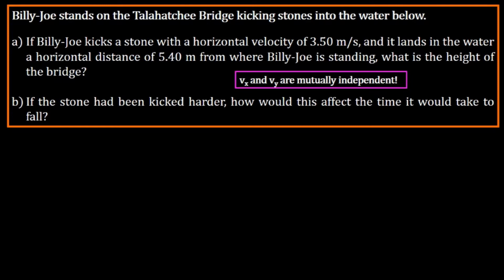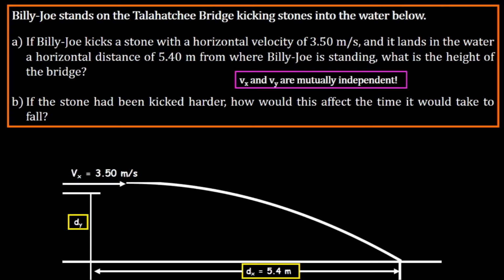So we have a typical type 1 projectile motion problem, and here it is. So it's going to be kicked at a horizontal velocity of 3.5 meters per second, and it's going to go 5.4 meters.